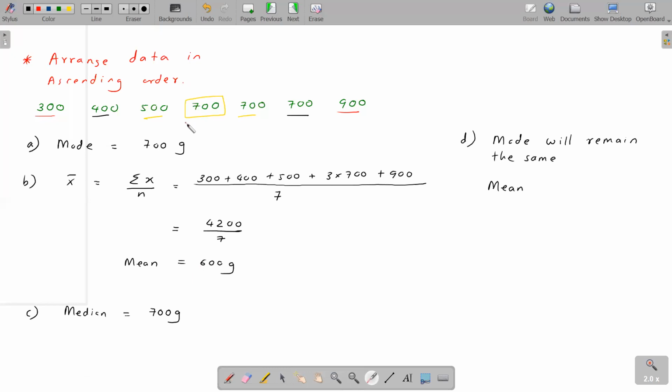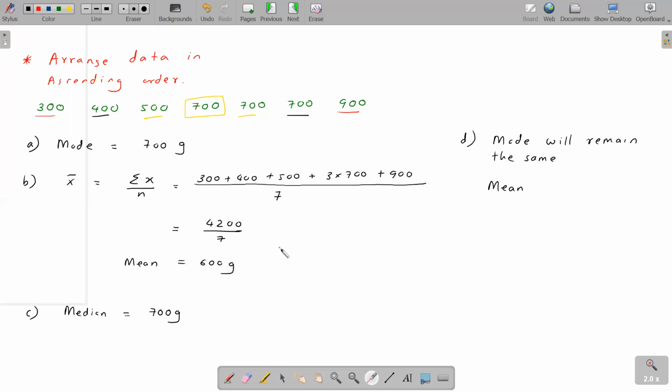So these are some really important things. If the new data point you are adding is higher than the mean, the overall mean of the new data set will increase. If it is lower than the previous mean, the overall mean will decrease. If it is equal to the previous mean, the new mean will remain the same.